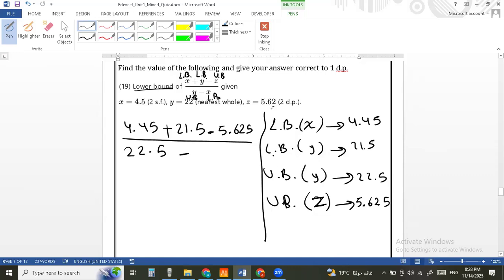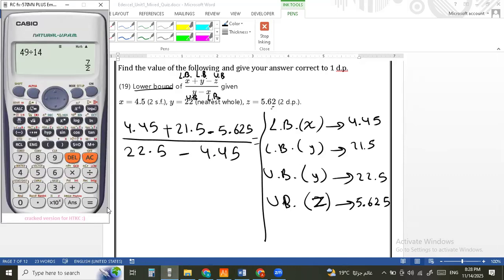The lower bound of x is 4.45. You see, now I just substituted. The only thing that I did is just substitution. After I found the lower bound and upper bound of whatever I need, I just substituted. Do it on your calculator, and the answer will just come ready for you.